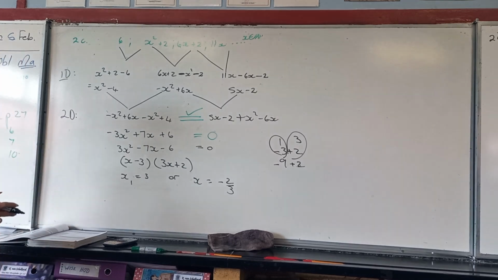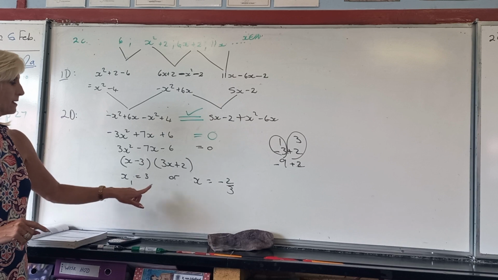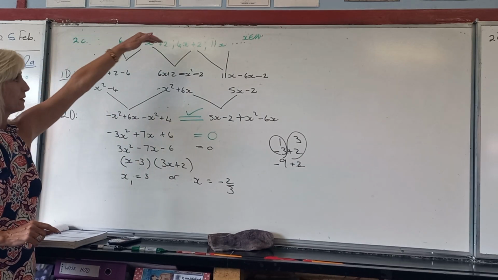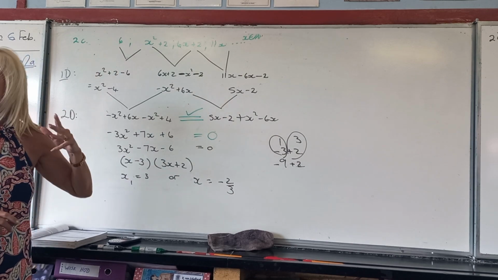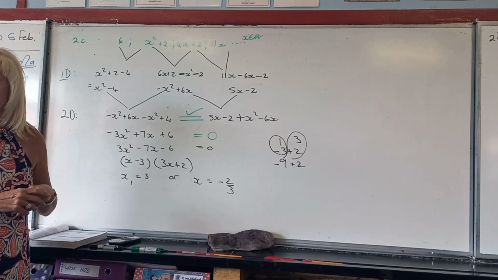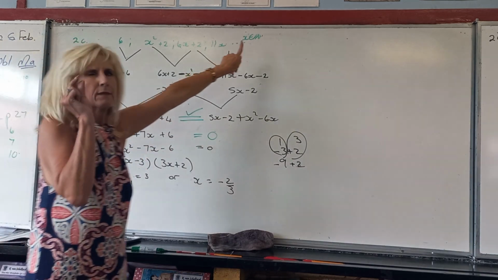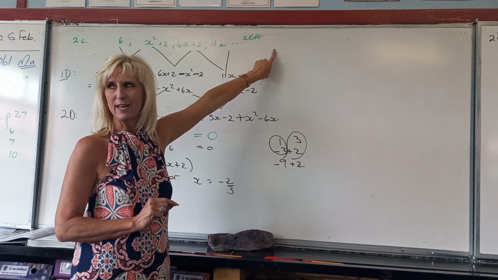Now, this is the answer. Now, what we should do is actually go and test it, right? Substitute the x with 3 in everything and see what the pattern looks like. And substitute the x in there, because sometimes one of them doesn't work. These will both work. But, oh, little thing. X is an element of the natural numbers.